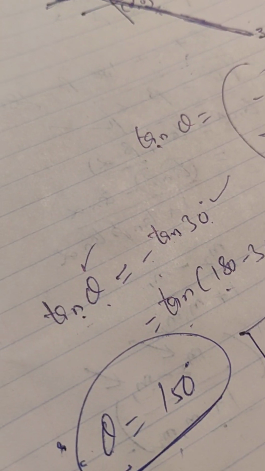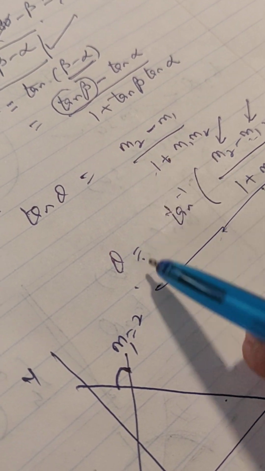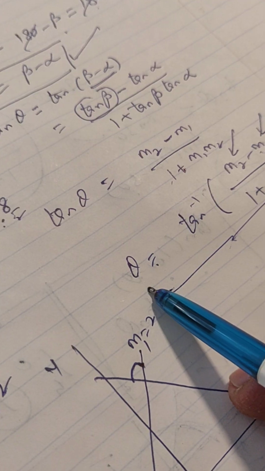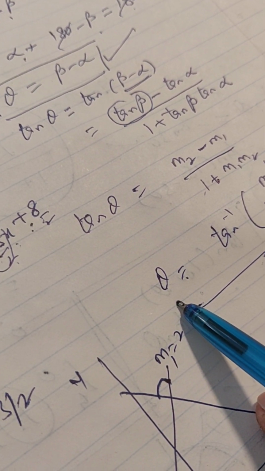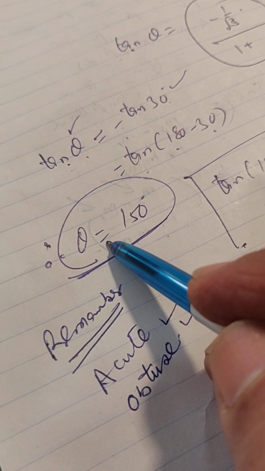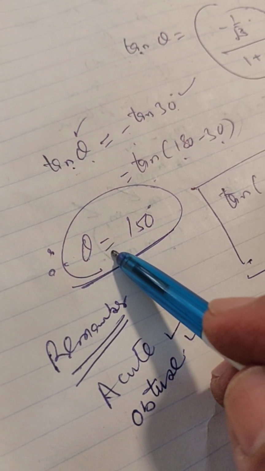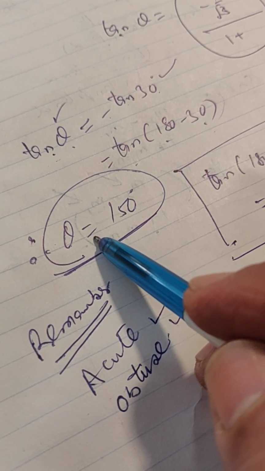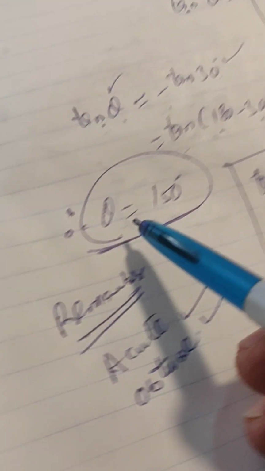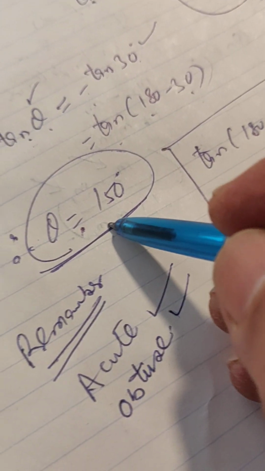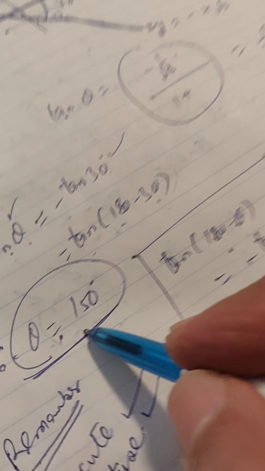Through this formula, there is that formula on the next page. Through this formula, whatever value you get for the angle between two straight lines, you have to give your result in the form of the value which you have received. So the only convention is that you have to write the answer as theta is 150 degree.